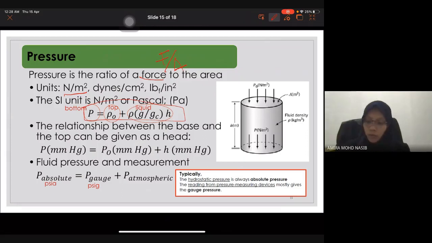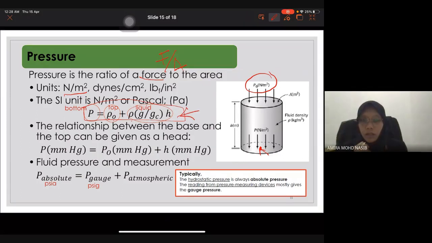If you want to calculate the pressure here, P naught is on top and this one is liquid, because you imagine that you have a container or a tank that has a liquid inside and you want to calculate the pressure exerted on the bottom of the tank. So this is the equation that you use.